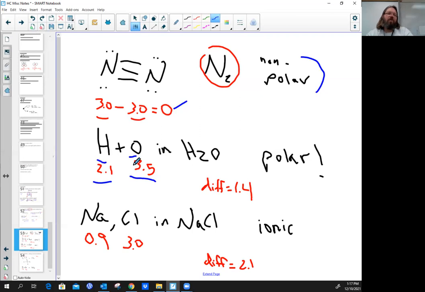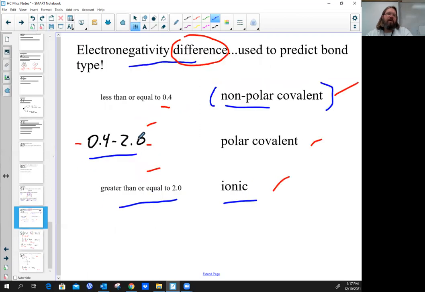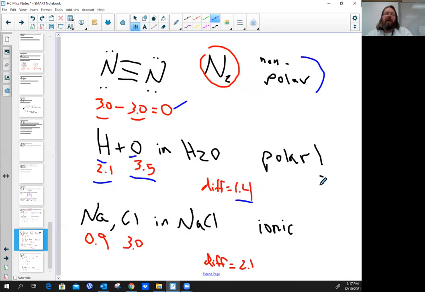The oxygen is the more electronegative one. The difference is 1.4. Okay, so 1.4 is sort of smack dab in the middle of the polar covalent bond section. It would be considered a polar covalent bond. And again, that means the electrons being shared between the hydrogen and the oxygen are going to be drawn towards the more electronegative atom, and that is oxygen in this case, okay?